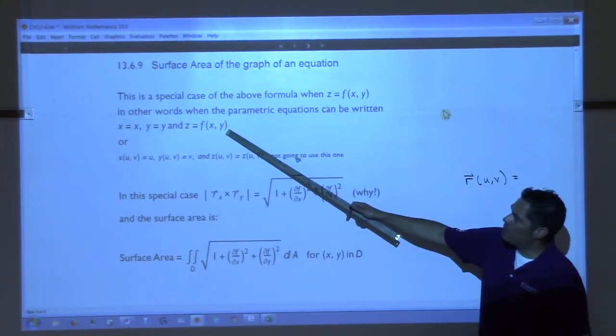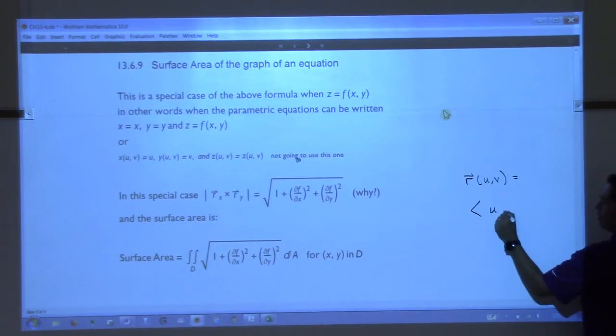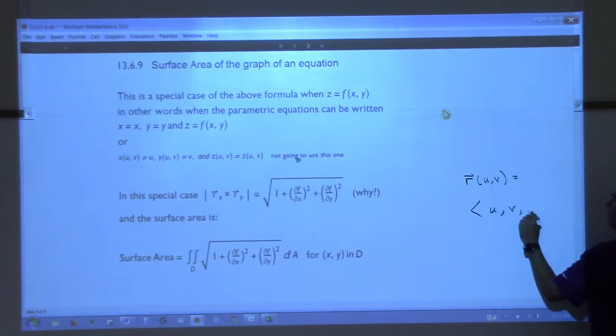In other words, your first function is just u, the second one is v, and then your last one, z, is some function of u and v.